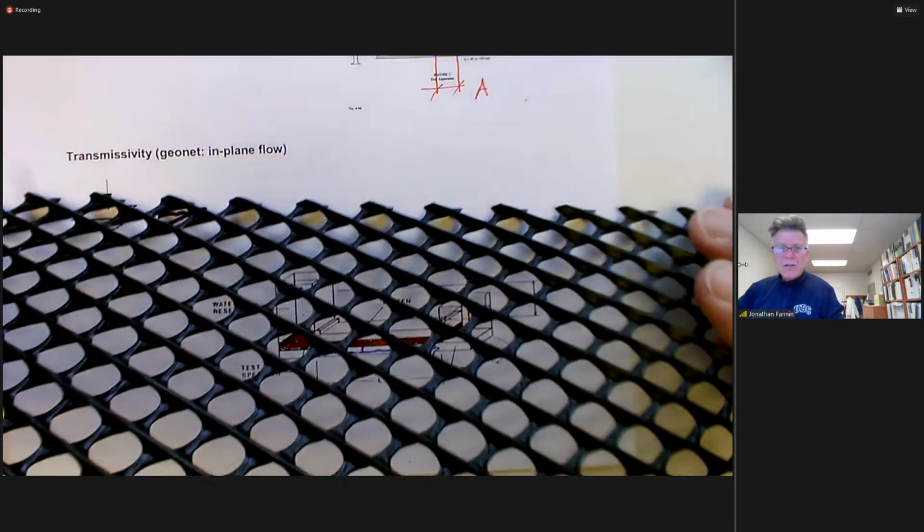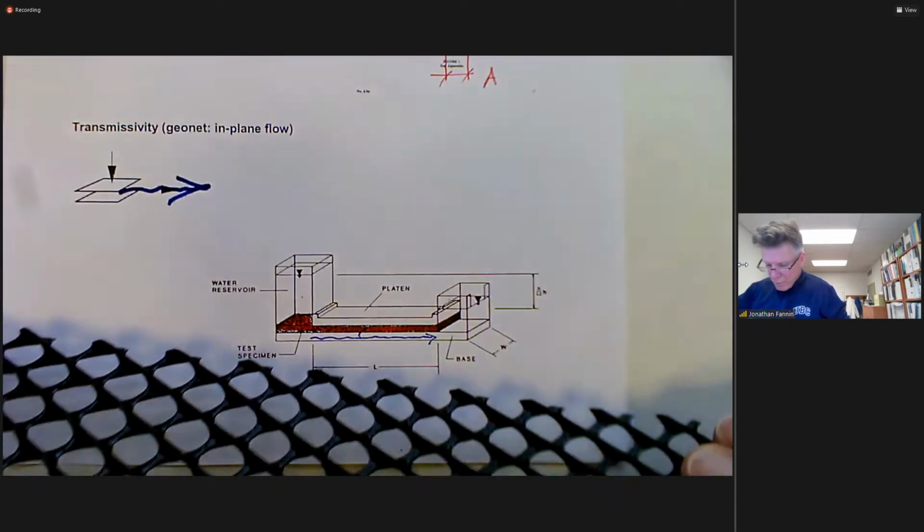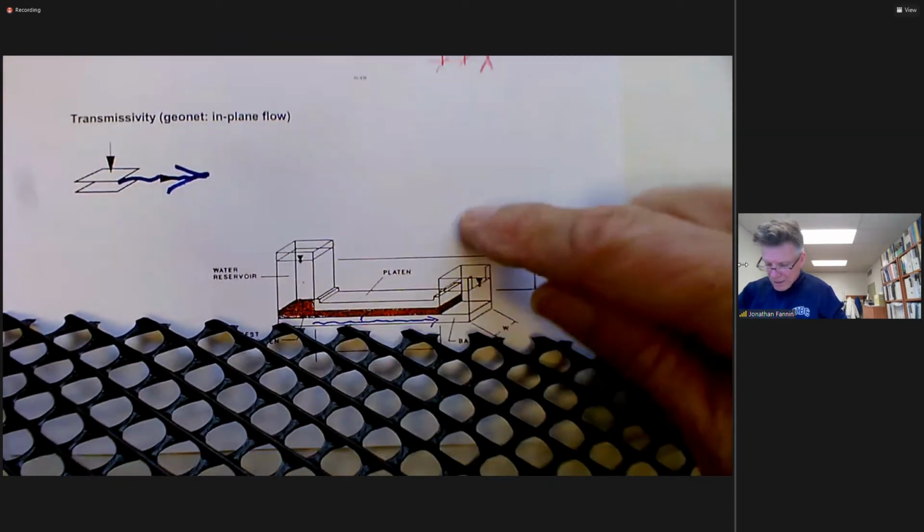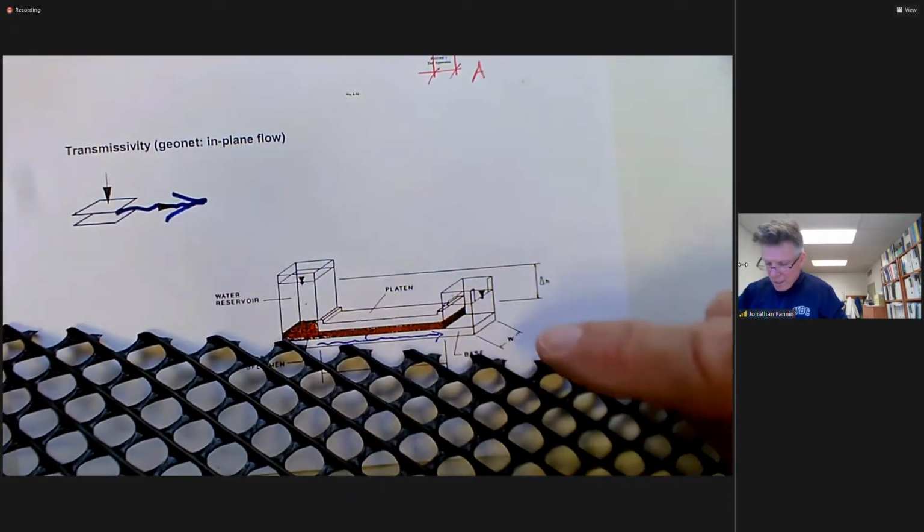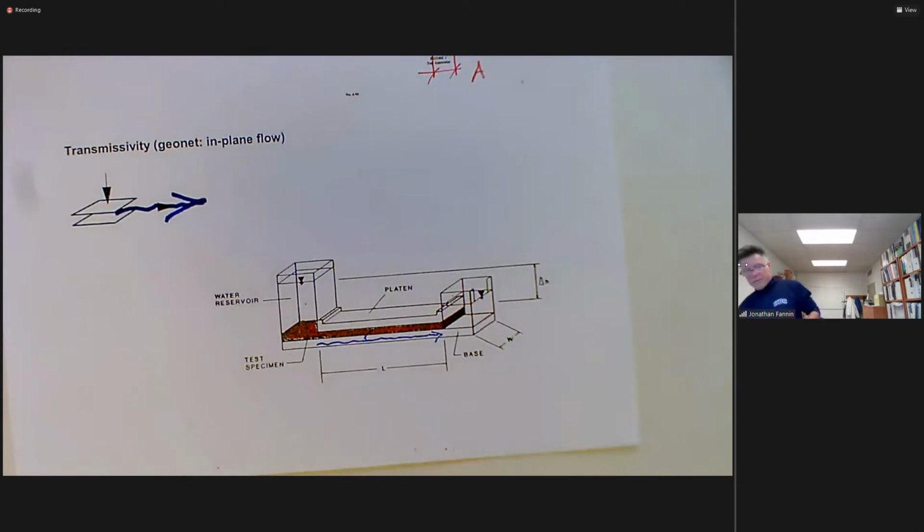So there's the geonet in planar form, and we would put it into a device that can cause flow in the plane of the material, of this porous medium. And in this case, we can measure what's termed the transmissivity.